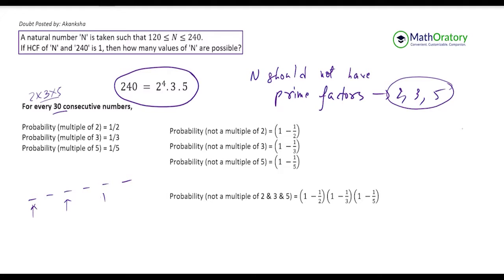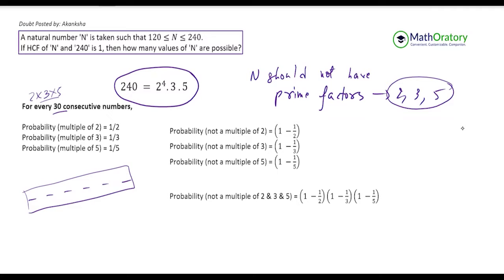But if I take an even number of values, since it should be a multiple of 2, that many values you should consider. So if I consider any consecutive set of numbers whose count is a multiple of 2, then every alternate number will be a multiple of 2.